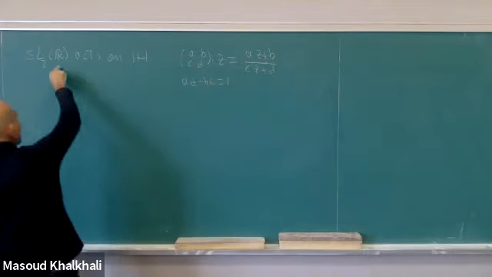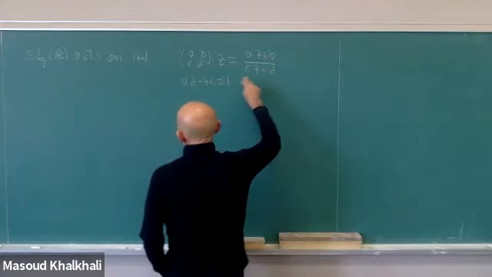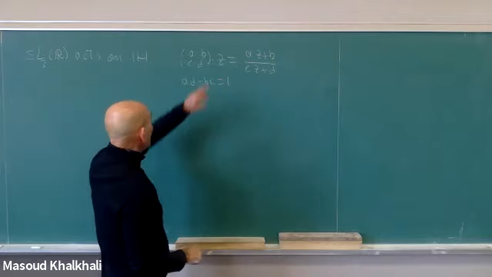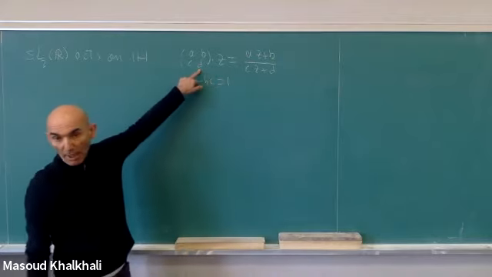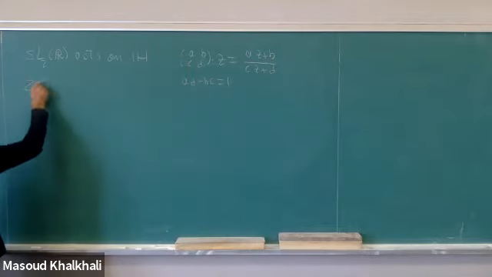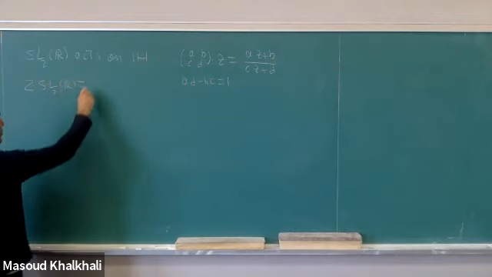That's the definition of SL2R, right? So this sends H to H. You notice that 1 and minus 1 give you the same action, so you can divide; that's the center. The center of SL2R is equal to plus or minus 1.